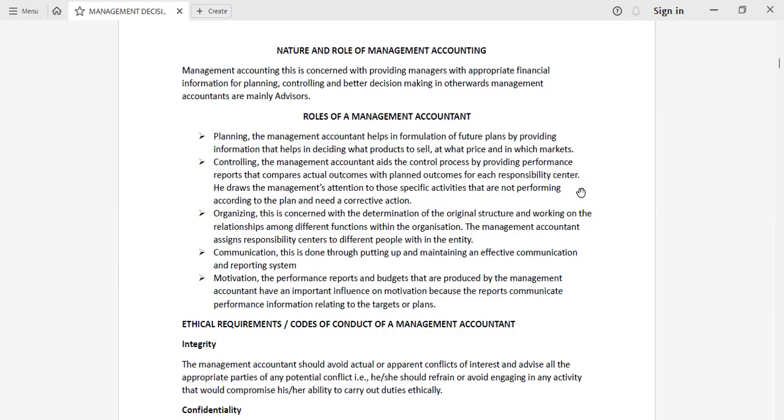So that's all about management accounting. We are providing managers with information. It must be appropriate financial information.